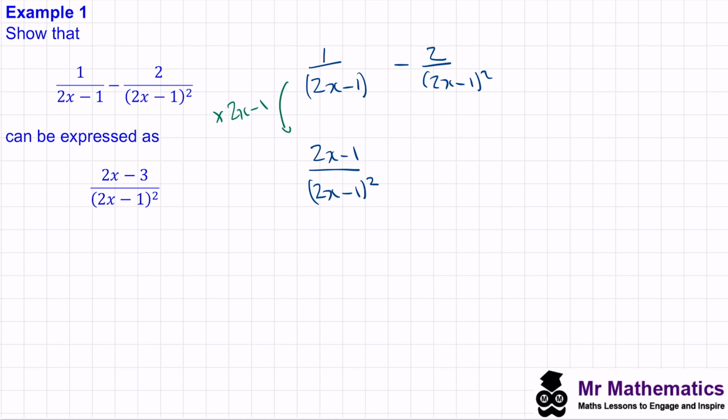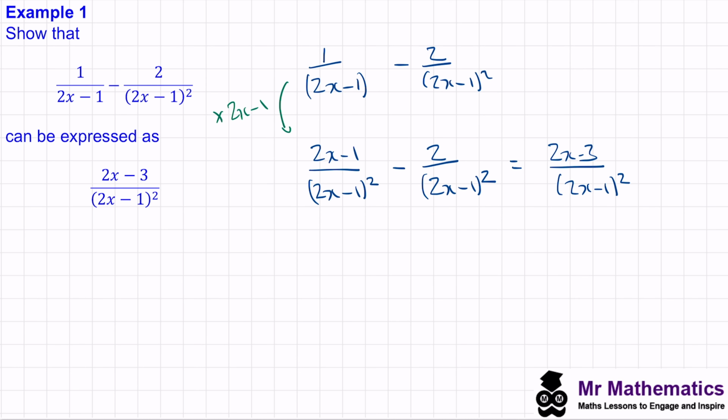So this fraction is exactly the same as this one, but written with the denominator that we need, 2x minus 1 all squared. And if we take away from this 2 over 2x minus 1 all squared, then we could subtract this 2 from 2x minus 1, and we get 2x minus 3 all over 2x minus 1 all squared.